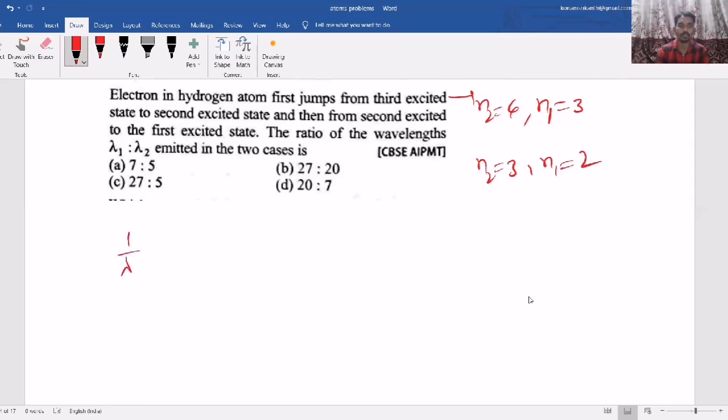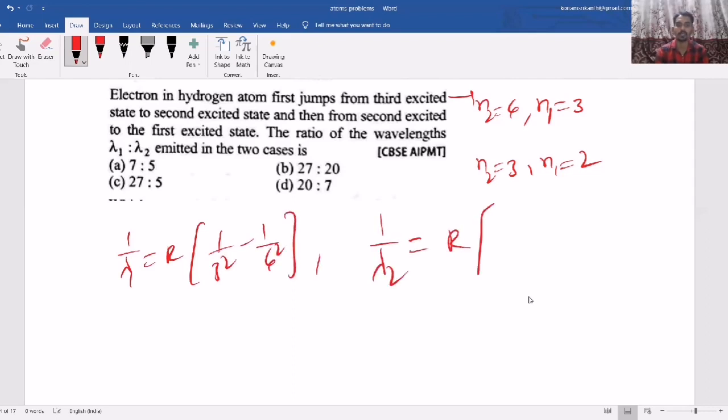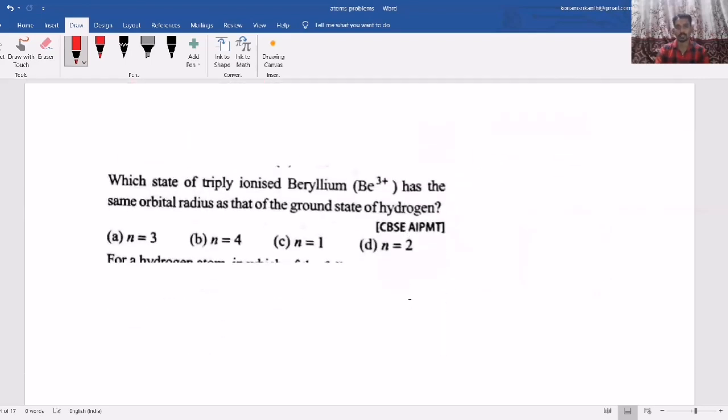In the first case, 1 by lambda 1 equals R into 1 by 3 square minus 1 by 4 square. In the second case, 1 by lambda 2 equals R into 1 by 2 square minus 1 by 3 square. If you take the ratio, you will get lambda 1 is to lambda 2.